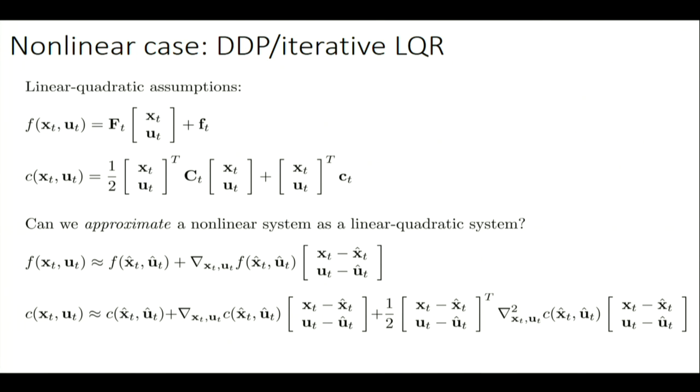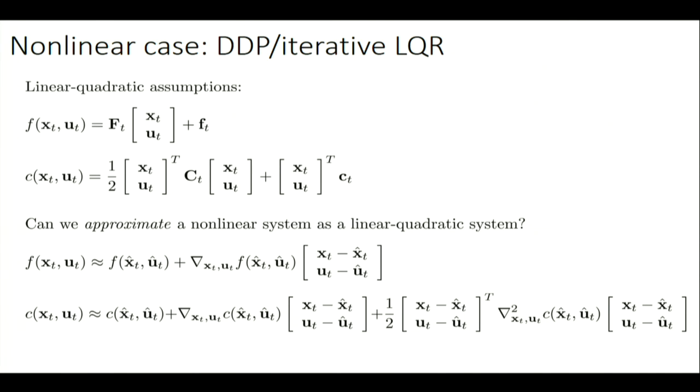And that's what we're going to do. We're going to take our dynamics and compute their derivative and approximate them around some states and actions using their linearization. And we're going to take the cost and approximate it around some reference states x hat and actions u hat as a quadratic using their Taylor expansion.